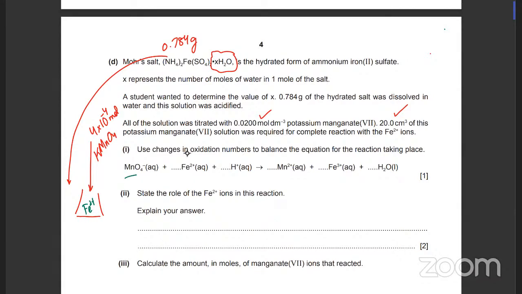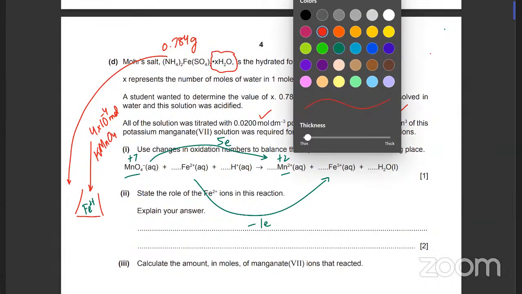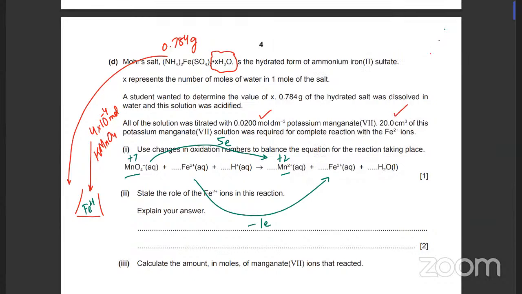What is the oxidation state of Mn? That's +7. And over here it's +2, so that's a gain of 5 electrons. Fe goes from +2 to +3, so that's a loss of 1 electron. So who do I multiply by 5 so that the electrons gained and lost are equal?